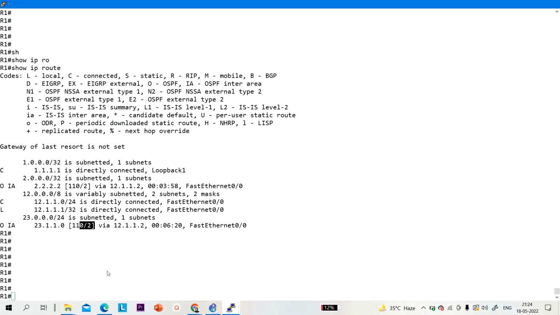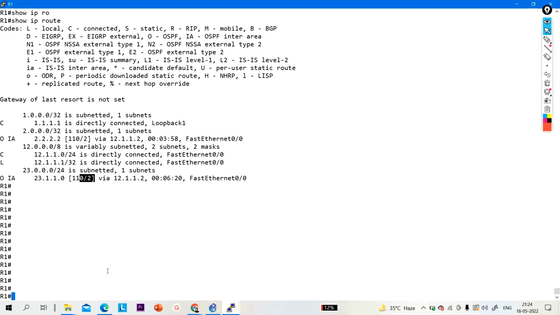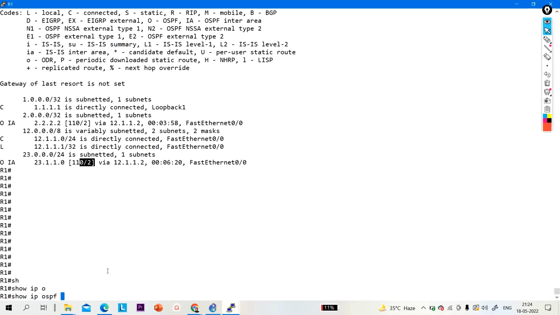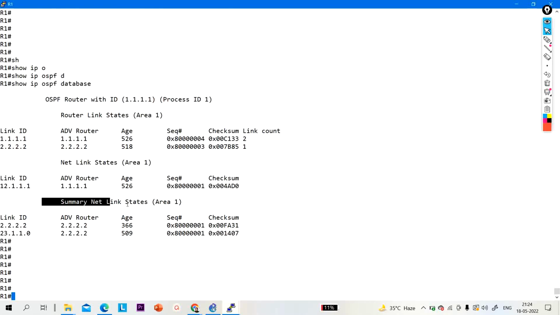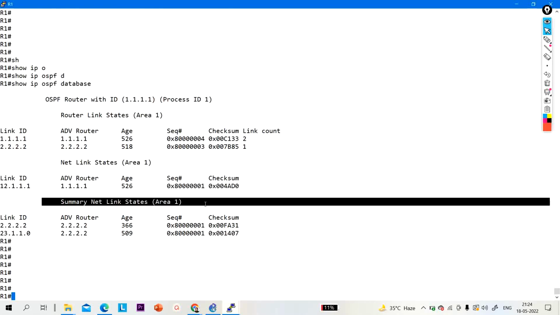Now how to check who is my ABR? Show ip ospf database. Who is advertising summary LSA? 2.2.2.2. Yes, that means 2.2.2.2 is my ABR, because only an ABR router will generate LSA 3, that is summary LSA.